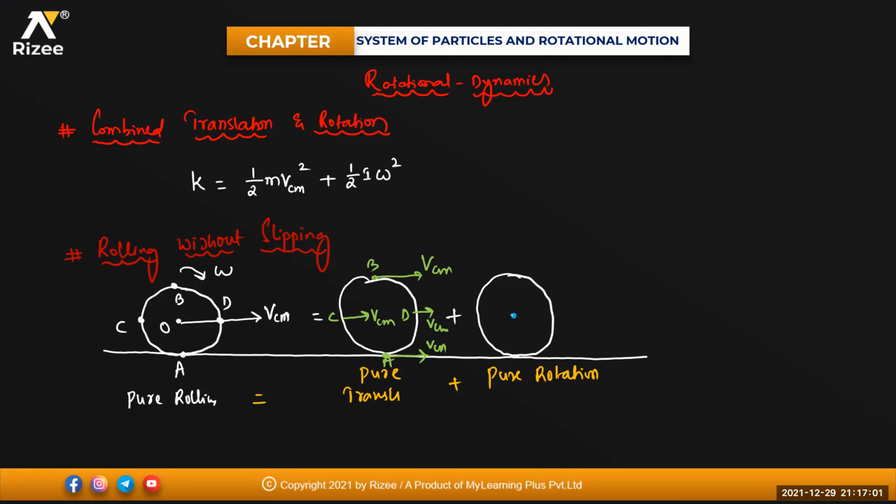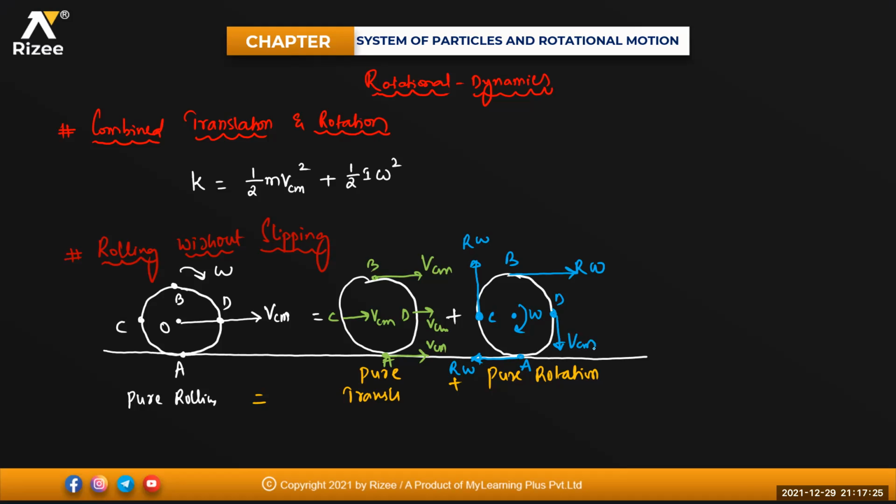Whereas in the pure rotation motion, at the highest position, that means at point B, the velocity will be equal to r omega because it is rotating with an angular velocity omega. At point A, the body is rotating, so it will be r into omega in the negative x-axis. At point C, vertically upward direction, r into omega. At point D, vertically in the downward direction.